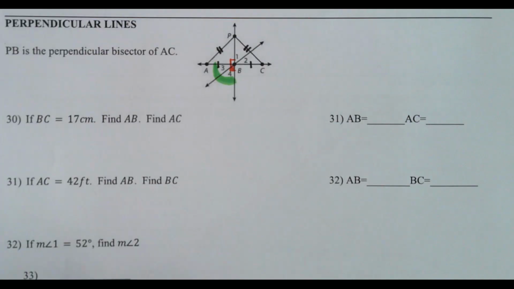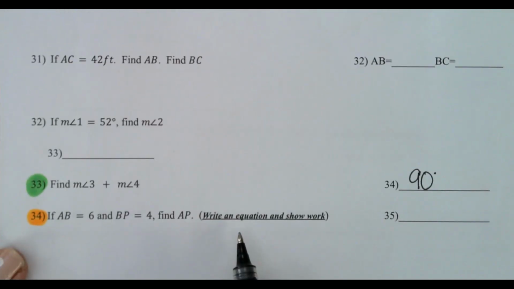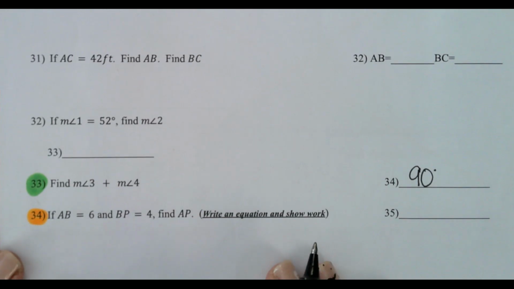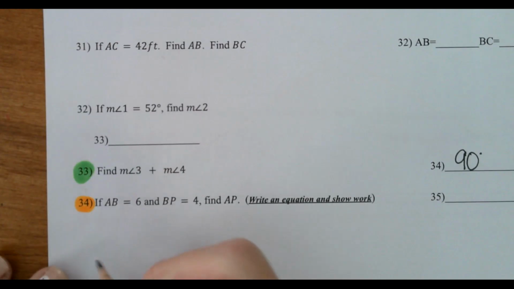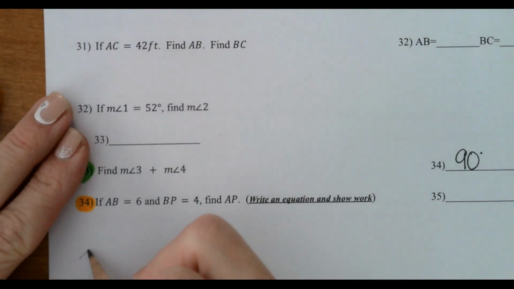All right, so now let's do the last one. This is the one that students make mistakes on, so I want to make sure I do this one. Do you see where it says write an equation and solve it? Show work. Okay. So, up here, I'm going to bring down one of the triangles that has the 3 letters I need.